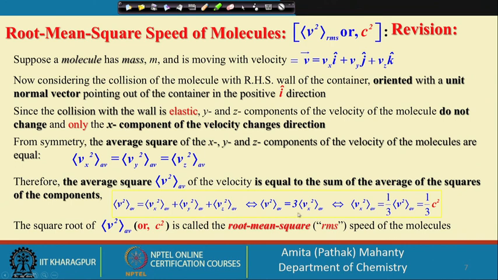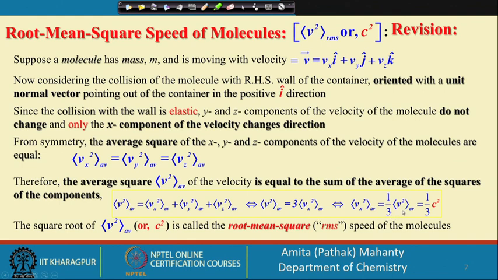I can write the average velocity square as 3 times the x component, or I can say that the average along the x axis is 1 by 3 of it, whichever term I have taken. This was actually derived from the Pythagoras theorem; if you remember, in the previous classes we talked about 1 by 3.